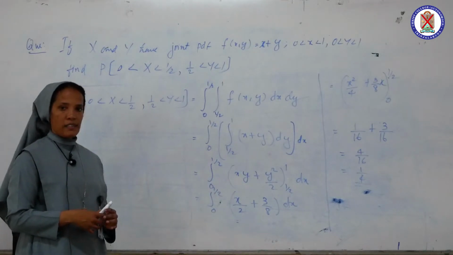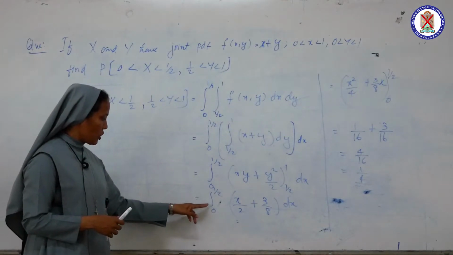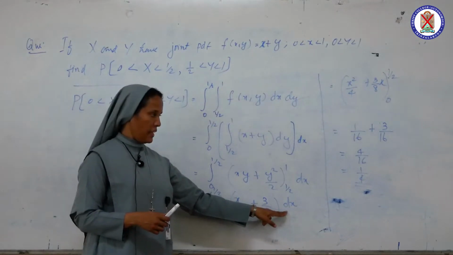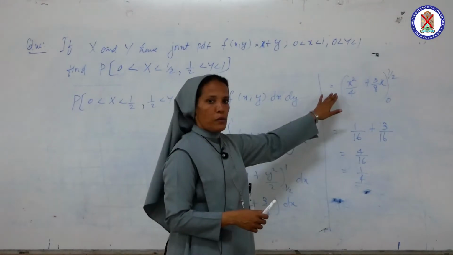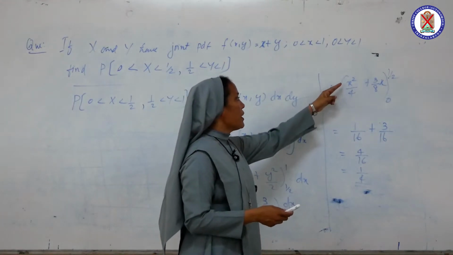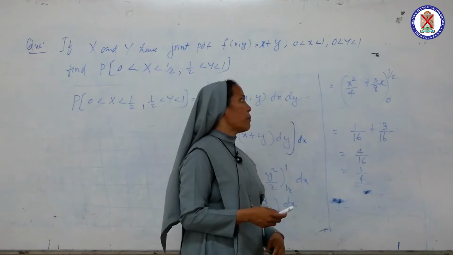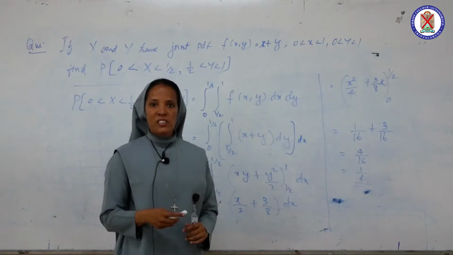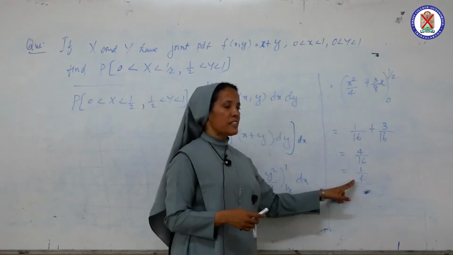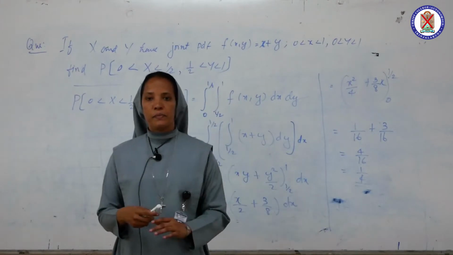On substituting the limits we have integral 0 to 1/2 of x by 2 plus 3/8 dx. Now integrating this function with respect to x we have x square by 4 plus 3/8 x in the limits 0 to 1/2. On applying limits we have the final result 1/4.